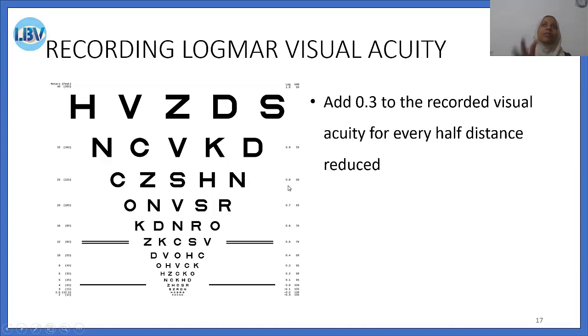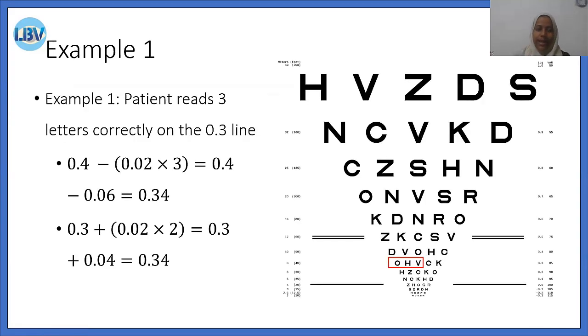For example, the patient's visual acuity is 0.84. Then you just add 0.6 to 0.84, so that will be 1.44.